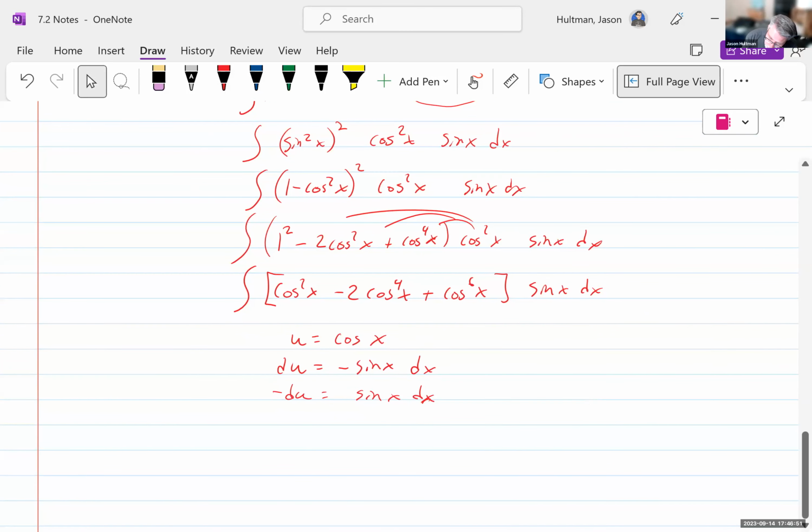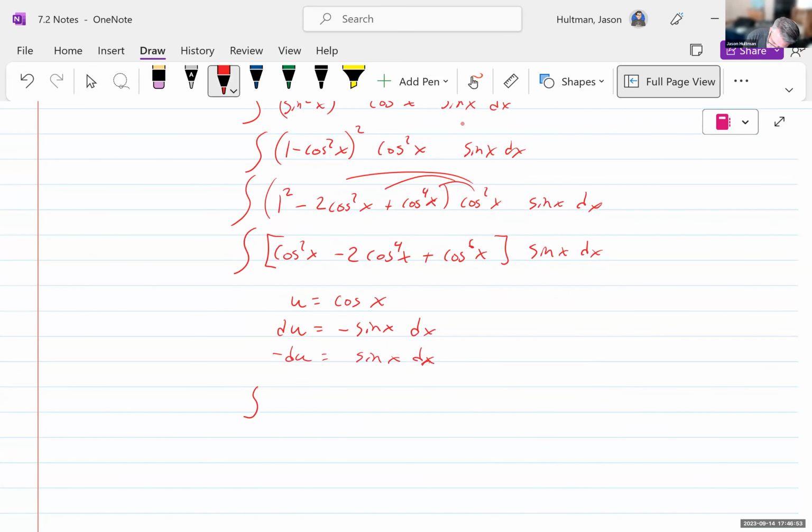So now what we have is u squared minus 2 u to the 4th plus u to the 6th times negative du. And I could just pull that negative sign outside if I really wanted to. Okay, maybe I'll put the negative out there.